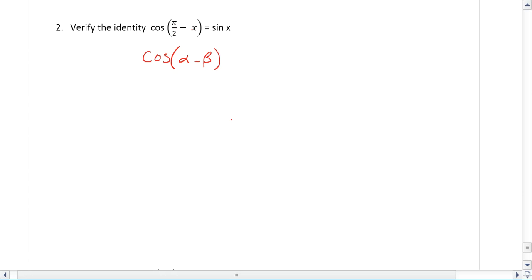This x, we don't know what it is, and we'll put it in for beta. On your pink sheet, follow the first sum and difference identity, which is cosine alpha minus beta. This gives us cosine of pi over 2 times cosine x, and then there's a plus sign, and then I have sine of pi over 2 times the sine of x.